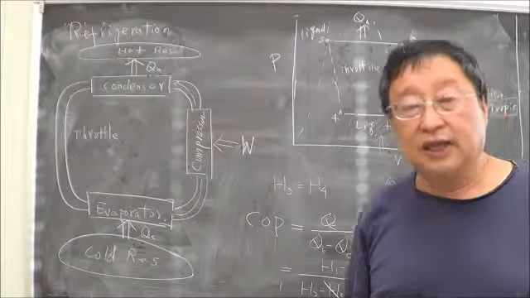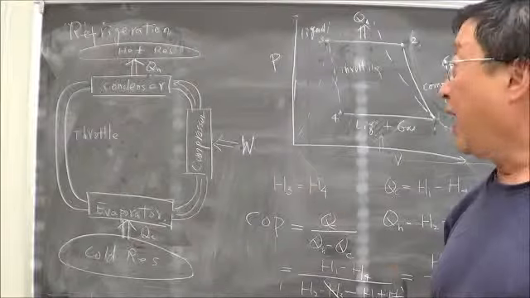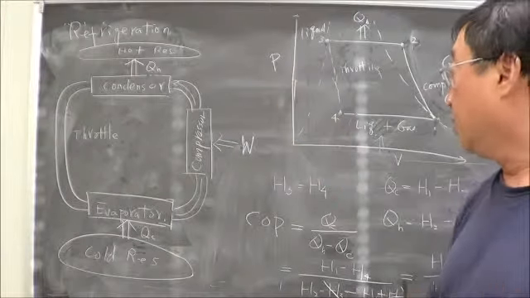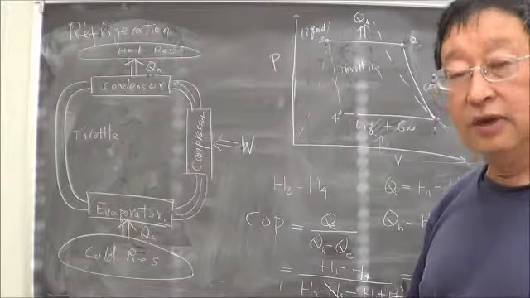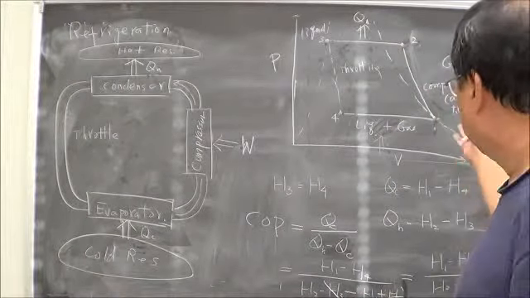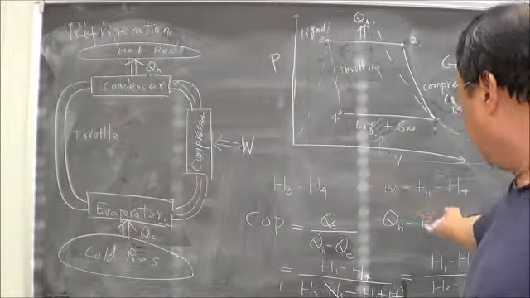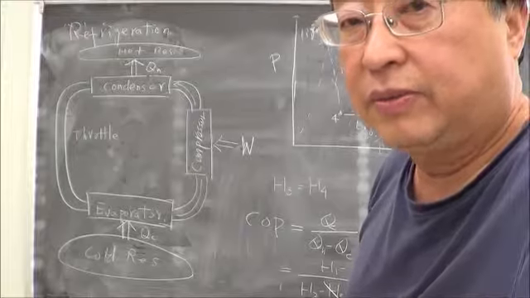So that is the first part that you need to know about how to calculate the coefficient of performance for the refrigerator. Next, we're going to go through a specific example and find out how we calculate that from the table.